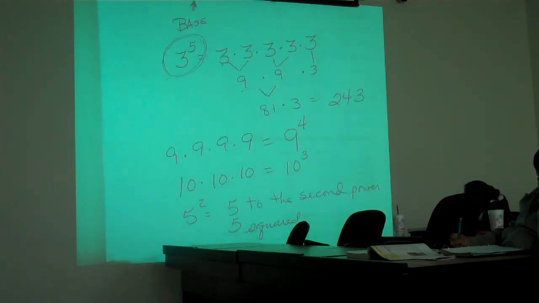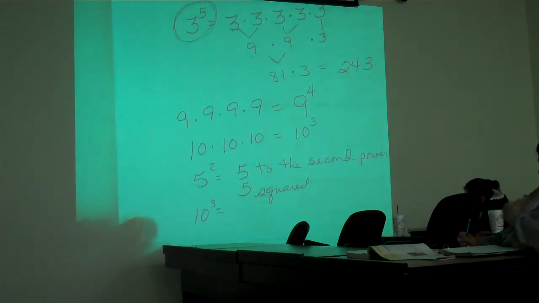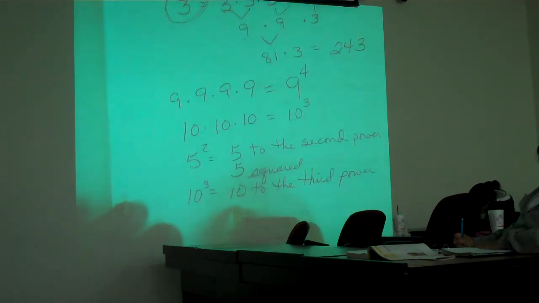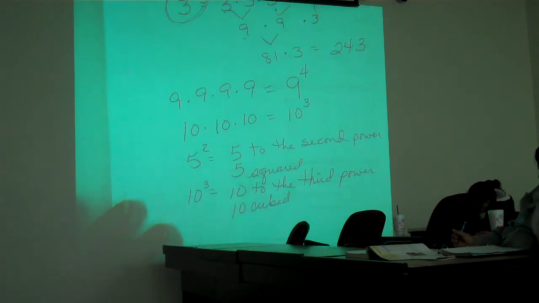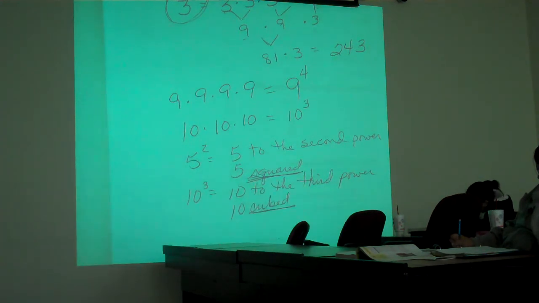Okay? If you have 10 with a 3 exponent, 10 base and 3 exponent, you would say 10 to the third power. Or you would say 10 cubed. Okay? Those are the only two that have special names, the 2 and the 3. If it has a 20 up there in the exponent, just say to the 20th power.